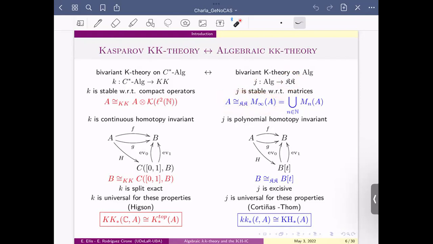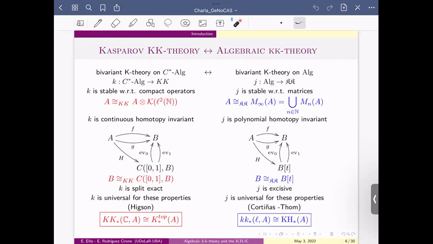And we have a polynomial homotopy invariance. That means that every algebra B identifies with polynomial algebras in KK. This functor is excisive for some extensions. And then this functor is universal for this property.